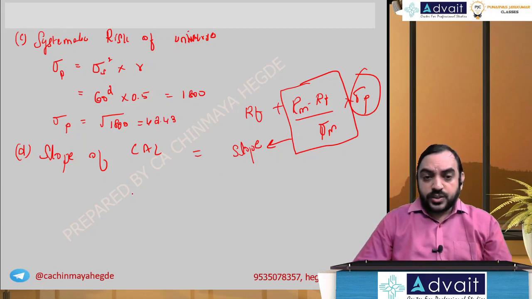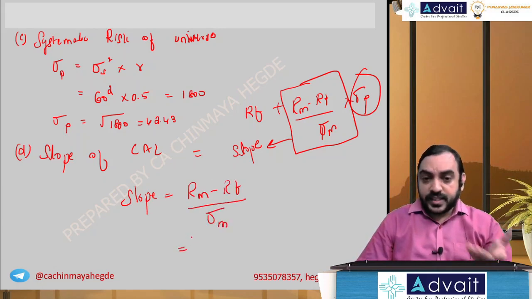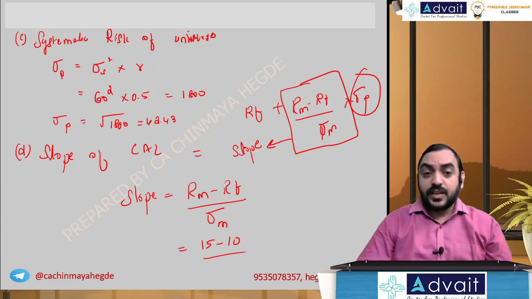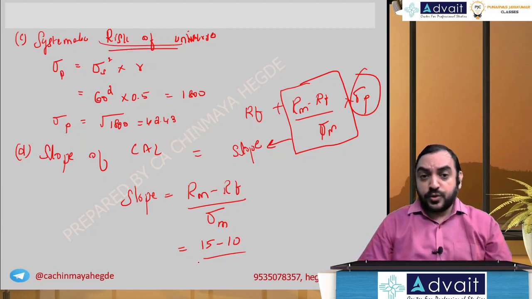Therefore, slope equals Rm minus Rf divided by market standard deviation. Market return is 15 in this problem because everybody has equal weights. Risk-free is 10, treasury bills. Market risk we just calculated now. This is systematic risk, market risk, systematic risk of the universe.